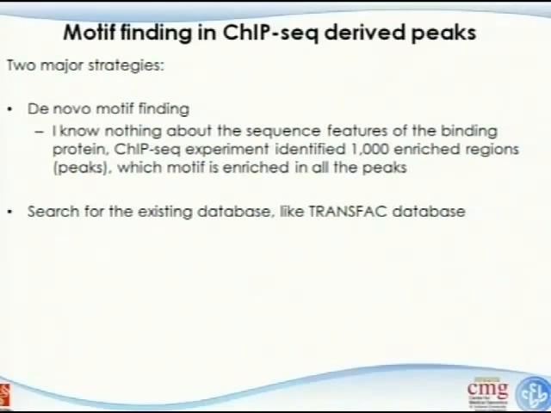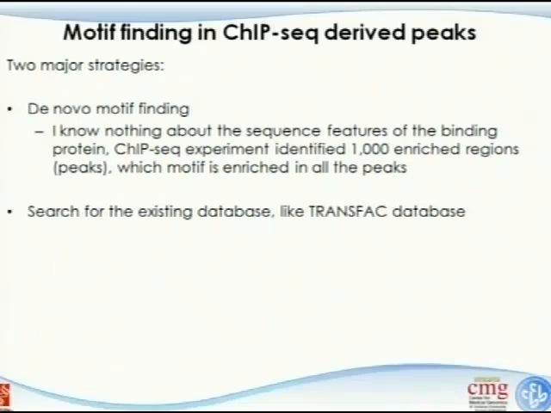There are two strategies. The first one is de novo motif finding. Basically, I know nothing about the sequence feature of the binding protein. A ChIP-seq experiment identified, let's say, 1,000 enriched regions. Which motif is enriched in the peak regions I identified? That's the de novo motif finding scenario.